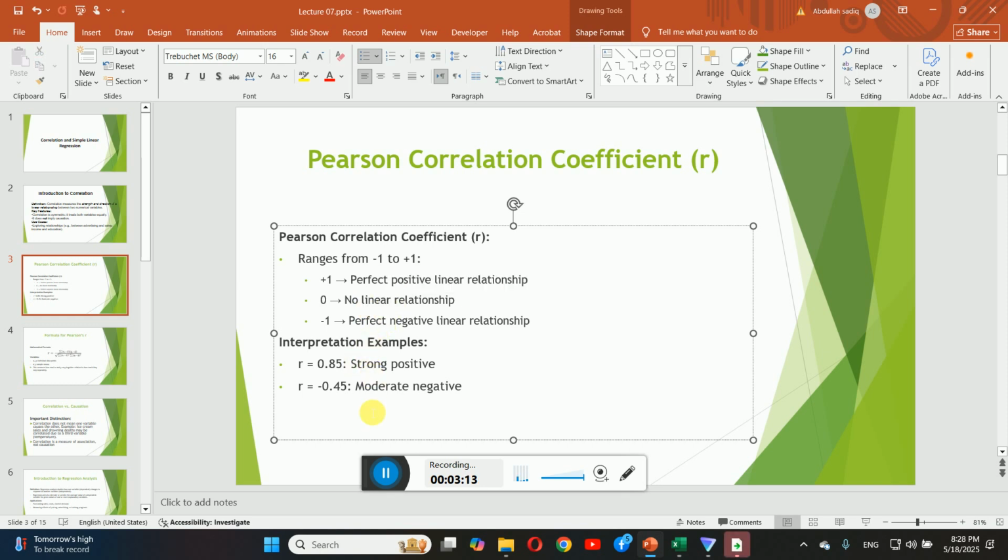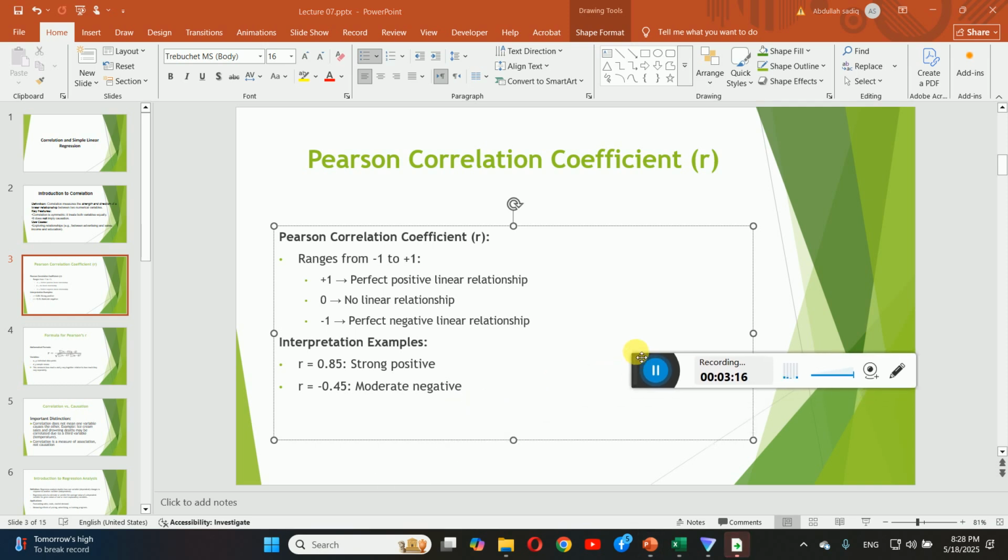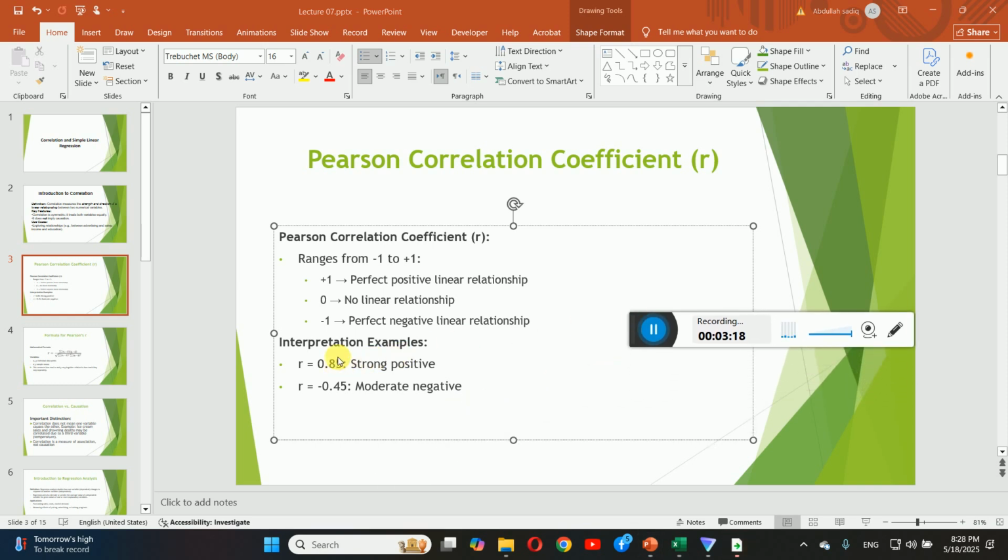So what is the interpretation? If your r, our correlation, is 0.85, a value getting closer to 1, we say there is a strong positive relationship. And if it is getting closer to a negative value, then we say there is a moderate negative relationship. If this value is getting closer to negative 1, you can say there is a perfect negative linear relationship once it's minus 1.